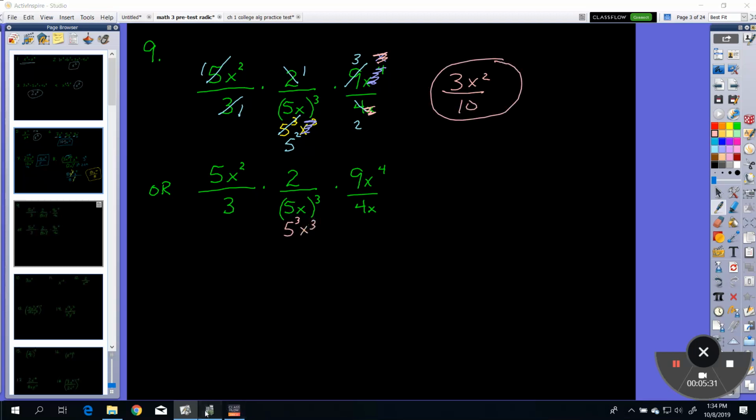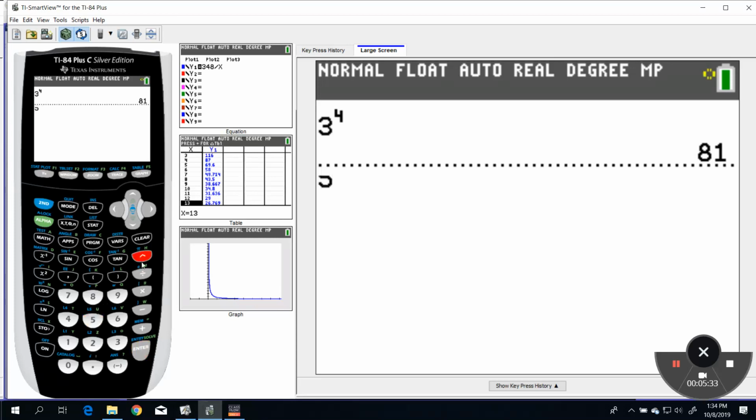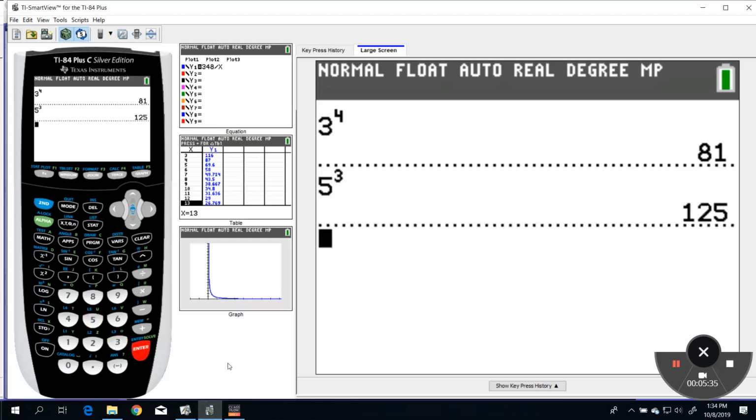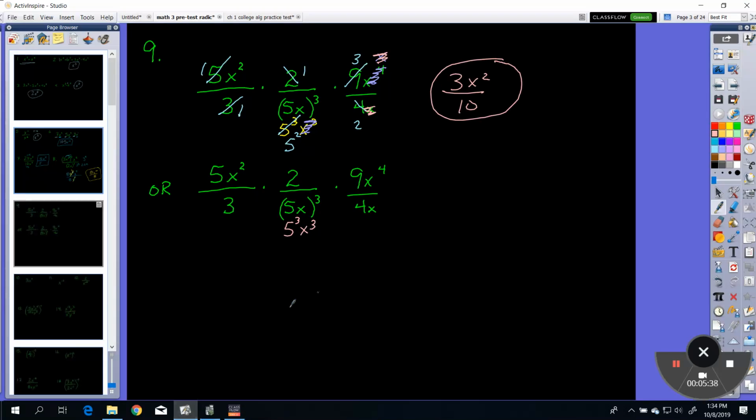The other way is to take this and say 5 cubed x cubed. Well, 5 cubed is 5 to the third power, which is 125. So this is really 125x cubed. So I'm going to multiply these just straight across. 5 times 2 is 10, times 9 makes 90.